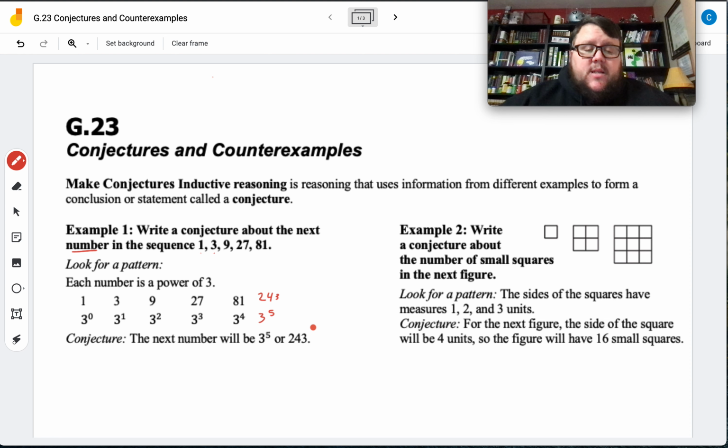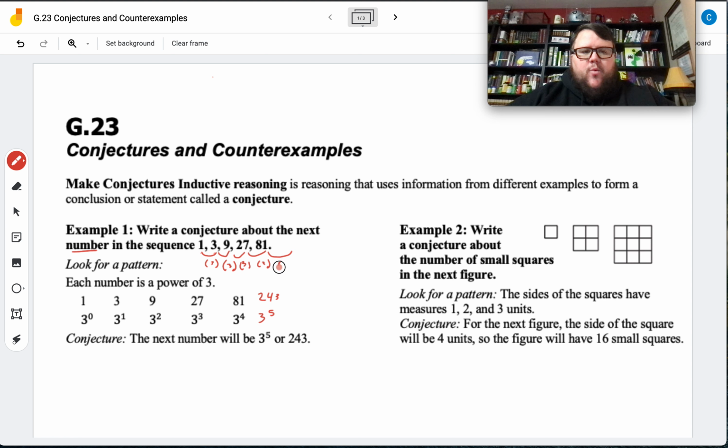That all works, but I think there's actually another pattern we can look at. To get from 1 to 3, I multiply by 3. To get from 3 to 9, you multiplied by 3. See what's going on? 9 times 3 is 27, 27 times 3 is 81.